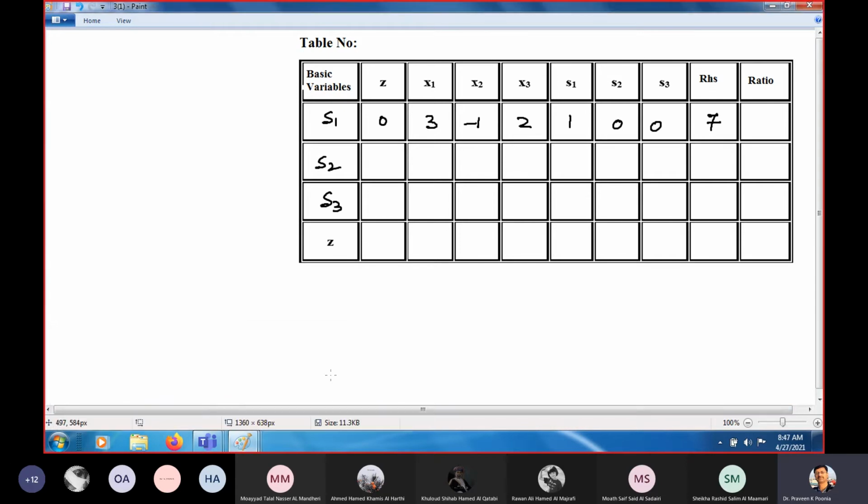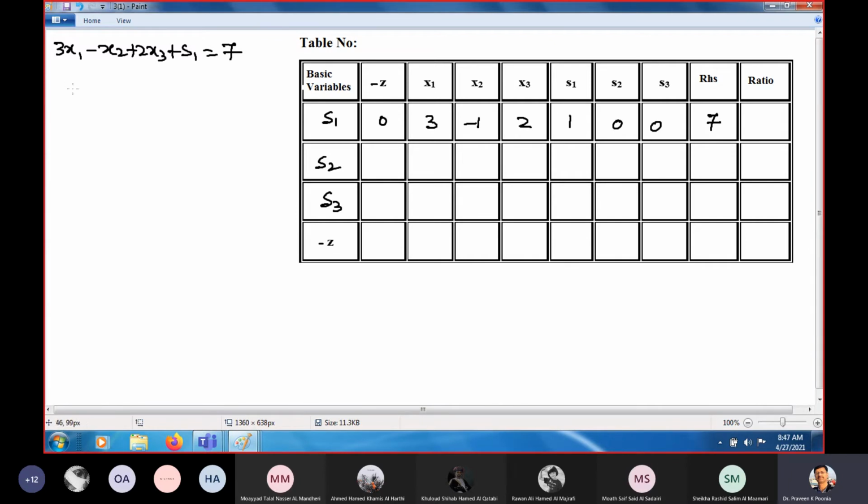Or you can write the equations here again, no problem. It will be 3x1 minus x2 plus 2x3 plus s1 is equal to 7. So this is the first equation. There is no z, and here it will be minus z, not plus z. This you need to remember. 3, minus 1, 2, 1 and 0, 0, 7.